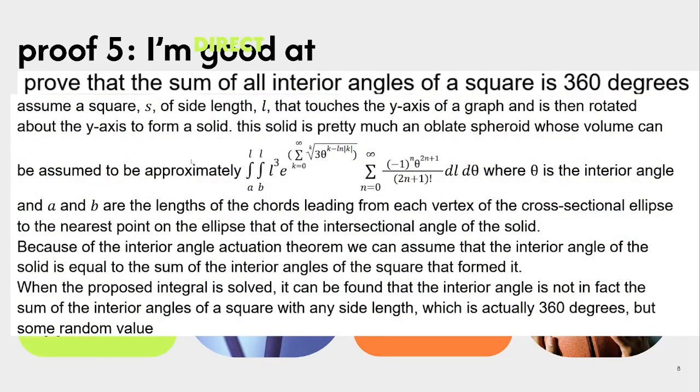So first, we're going to assume a square S of side length L that touches the y-axis of a graph. And then we're going to rotate it about the y-axis to form a solid.